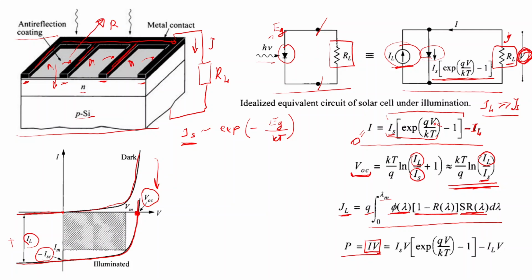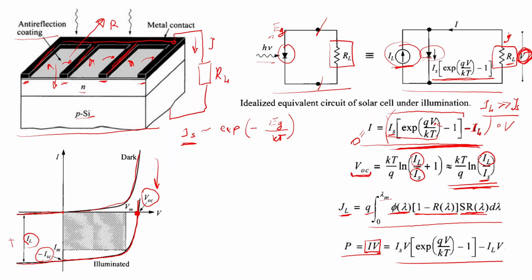Now, if instead of I we substitute its expression from the JV characteristic, and then multiply this expression by V, that's what we eventually get. That will be external electric power, which is what we can get out of the solar cell.